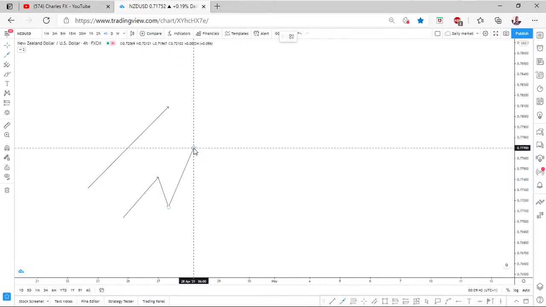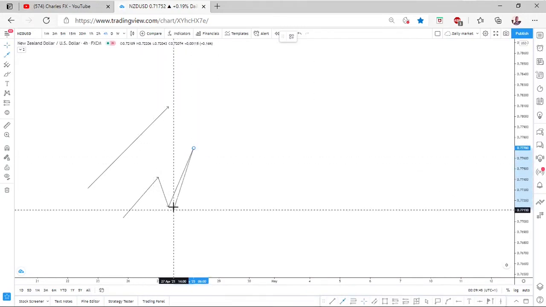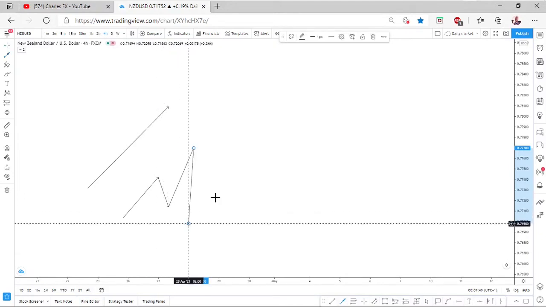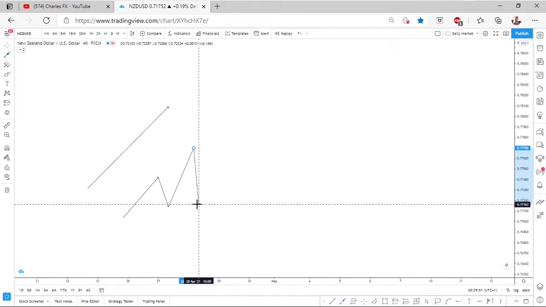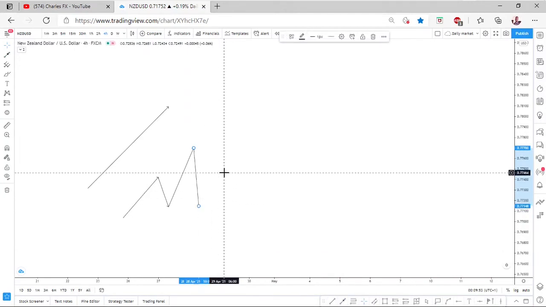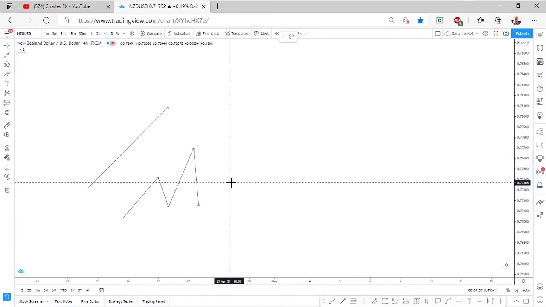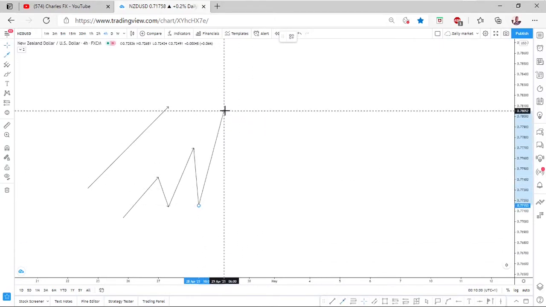Then it makes another low, which is not lower than this low, but can also be equal to this low. From here, we can see the market makes another high.